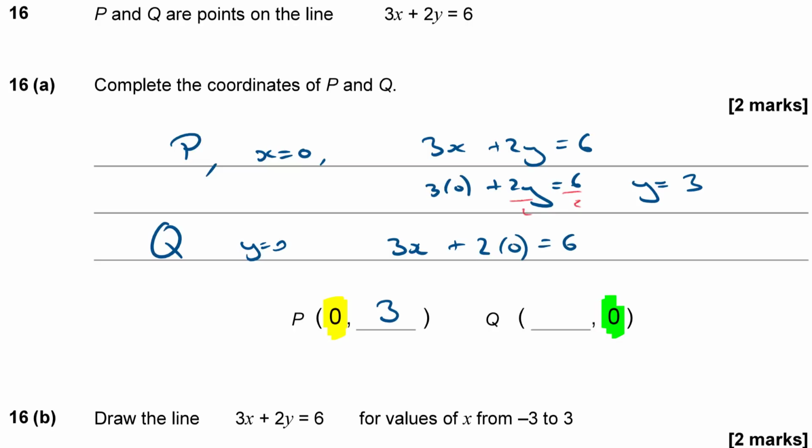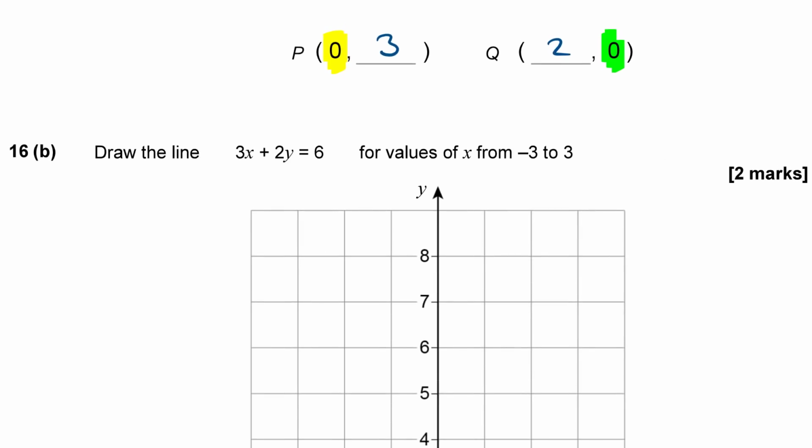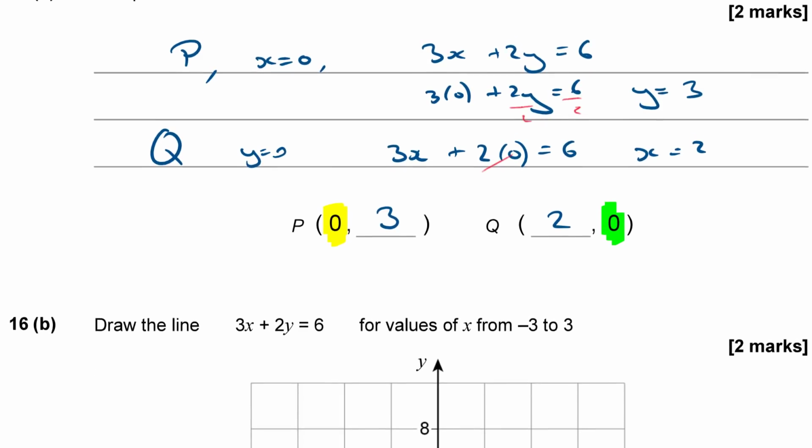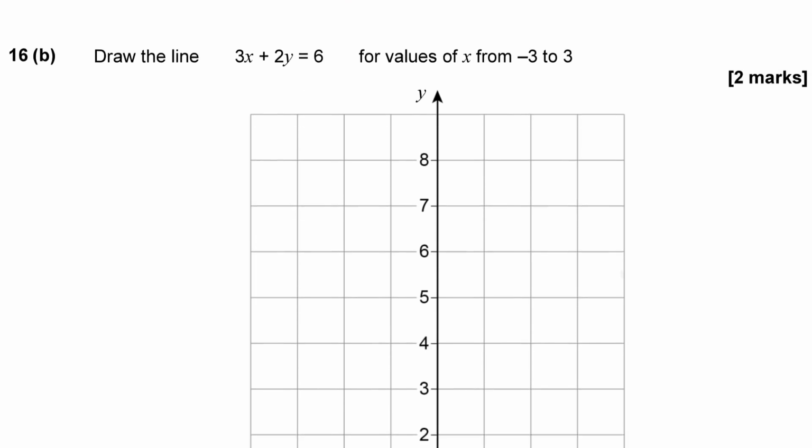So now this time it's this term that disappears away, and I've got 3x is 6, dividing both sides by 3, I can see that x must be equal to 2, so that's got to be the point 2, 0. Okay, so I've got the points 0, 3 and 2, 0, which are points on my line, and we need to draw the line. It's the same equation, isn't it? 3x plus 2y is equal to 6, the same equation as part A, and we want to draw it from -3 to 3.